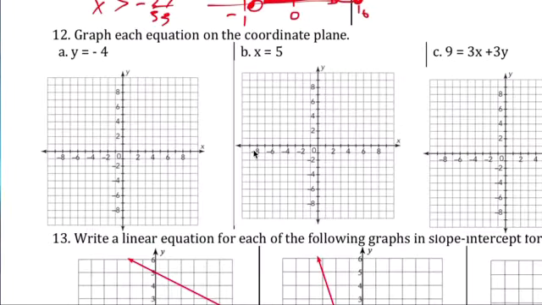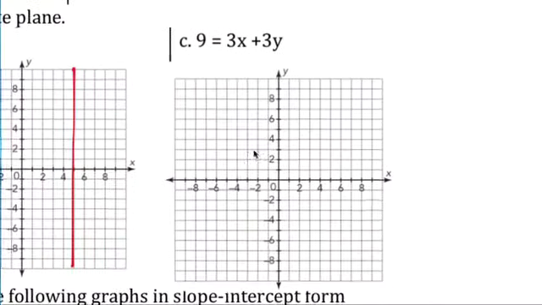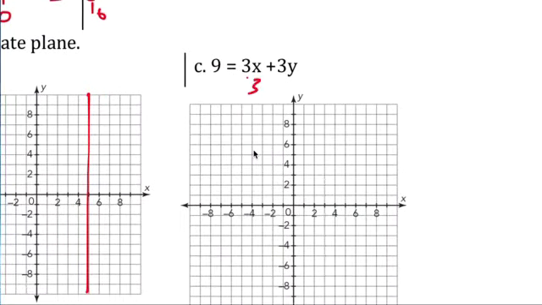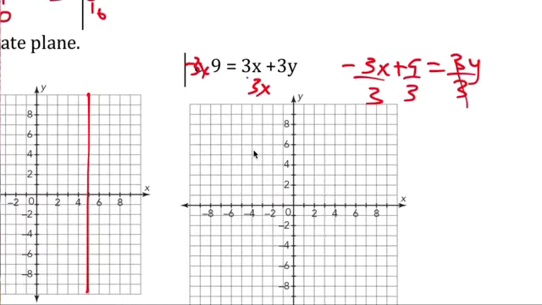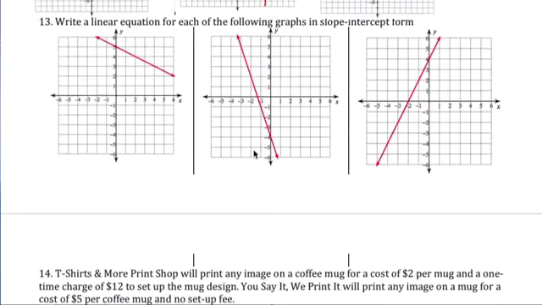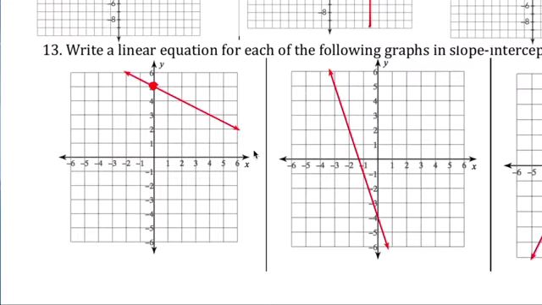Graph these: y-intercept negative 4, x is 5. Solve this first by subtracting 3x. So you get negative 3x plus 9 equals 3y, divide by 3. Get negative 1x plus 3 equals y, graph that. Write an equation of a line: because we have a y-intercept, we use y equals mx plus b.